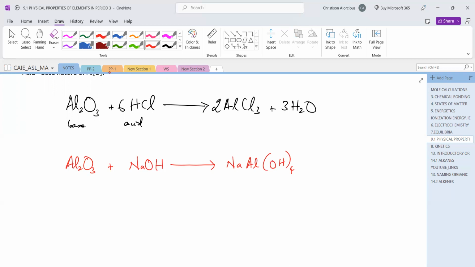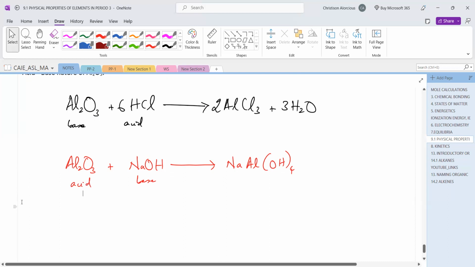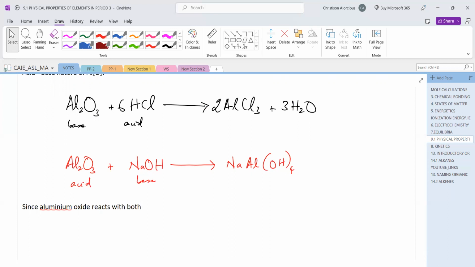In this case, the sodium hydroxide is acting as the base, so the aluminium oxide is acting as the acid. This proves that since aluminium oxide reacts with both acid and alkali, it is amphoteric.